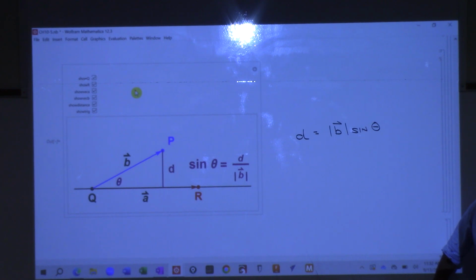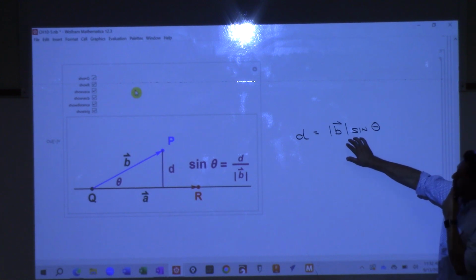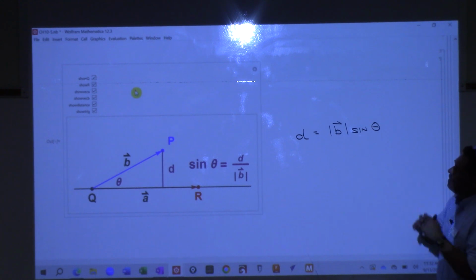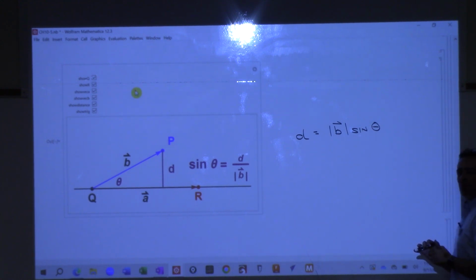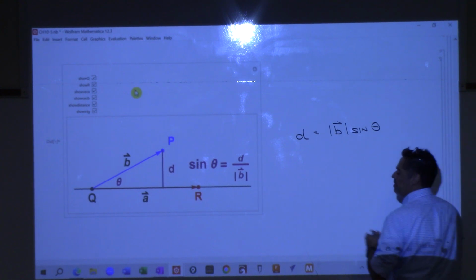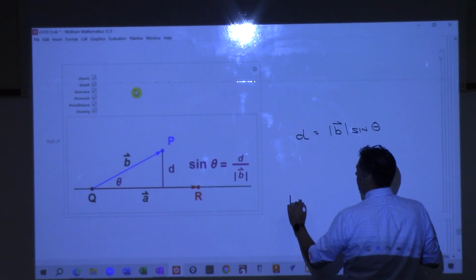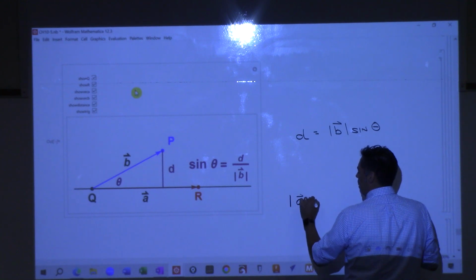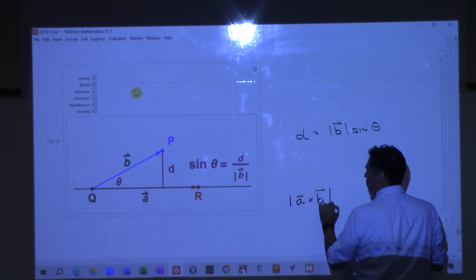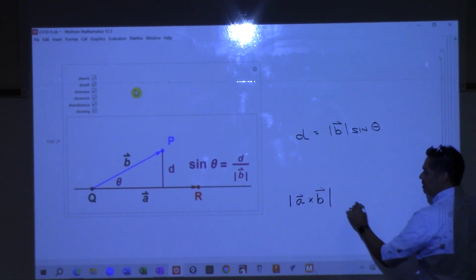But there's something really, really beautiful that's about to happen. We have to see something. Have you seen this before, almost before? Oh, it was this. If you give me two vectors, let's say A and B, and you cross them and you take their magnitude, do you remember that formula?